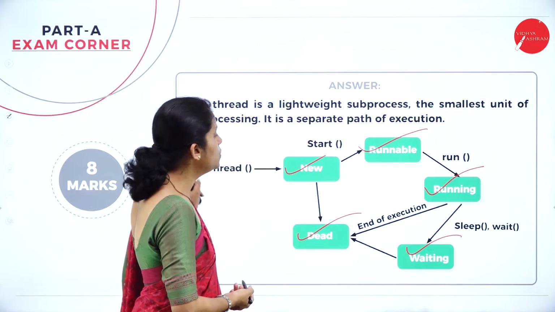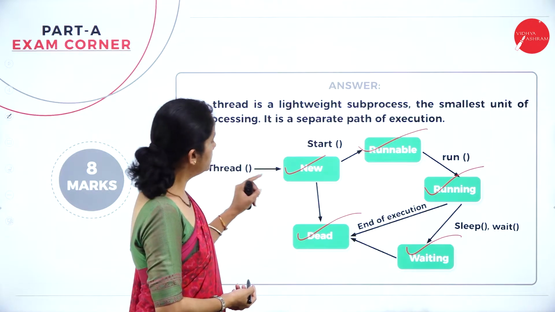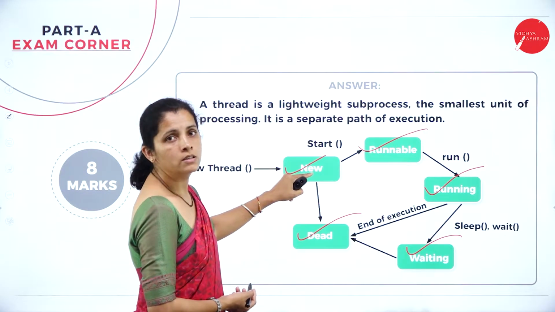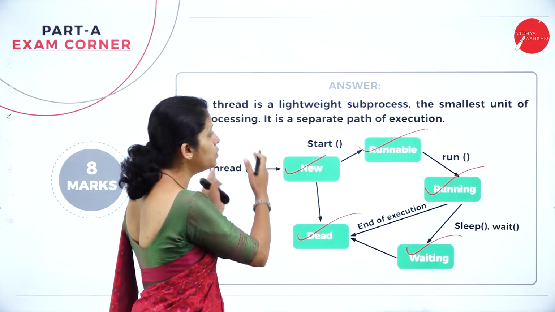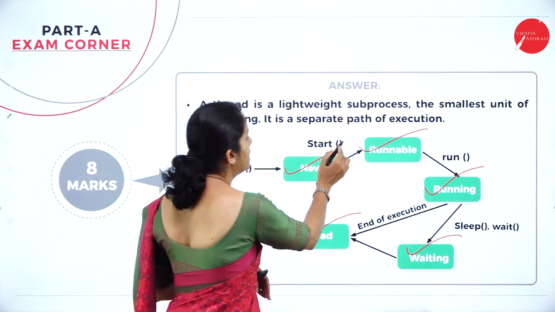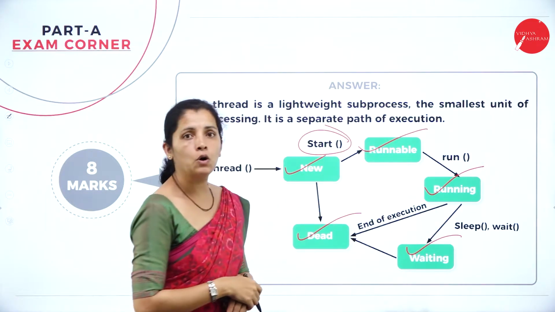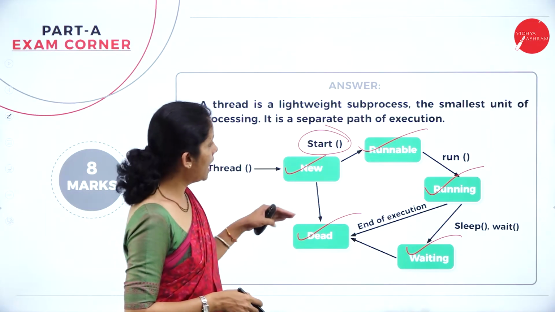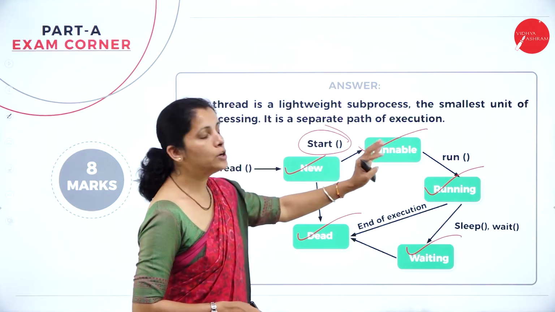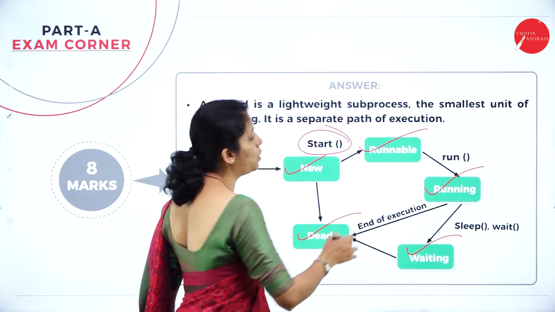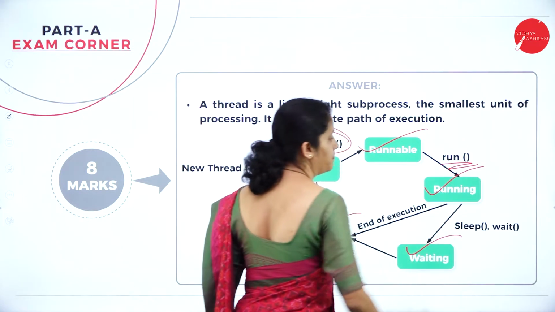Okay, a newly created thread, that is the new stage. And if I want to move from new to runnable, then I'm going to call the method called start. Now, if I want to move from runnable to running, then I'm going to call the method run.